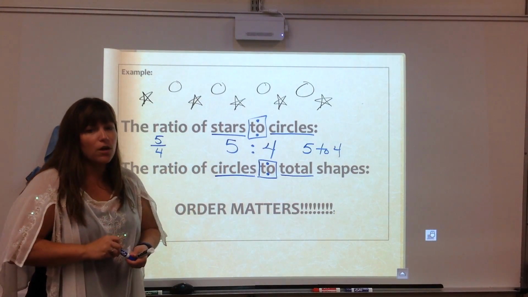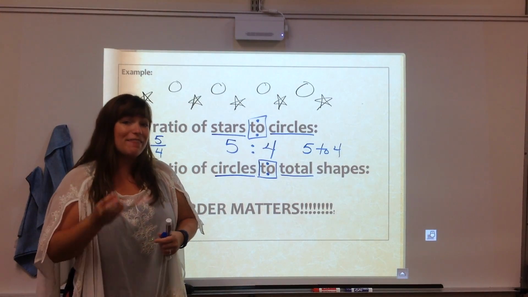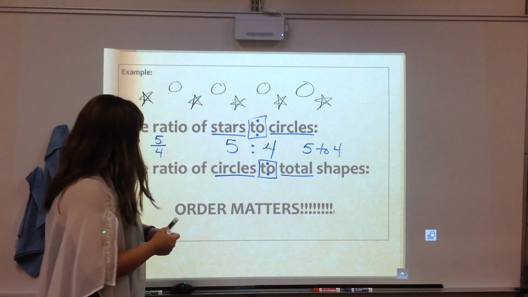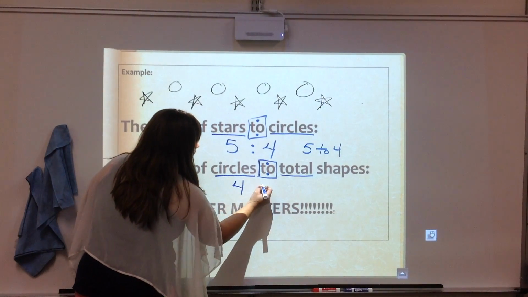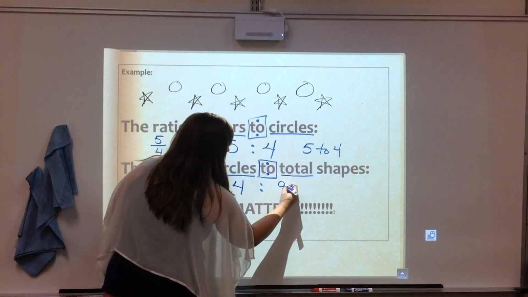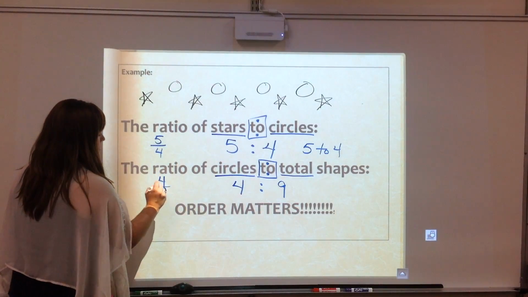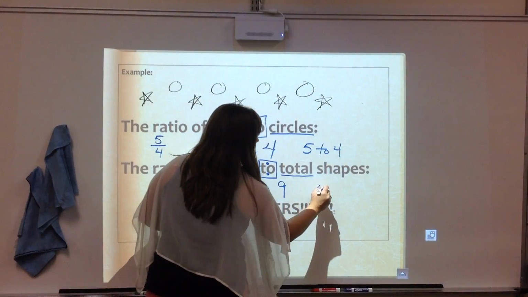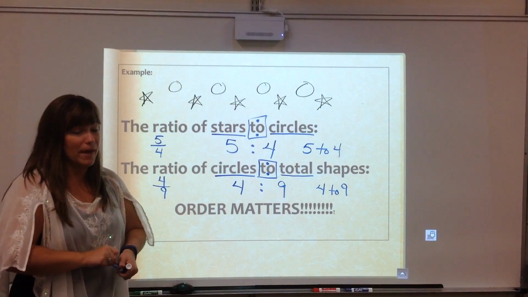So now we have to combine all of the shapes and add them all up, and that number is what we're going to use. So we have 4 circles, and now we have 9 total shapes. Again, it could be the fraction 4/9, or it could be with that word to. But order does matter. That's the big deal.